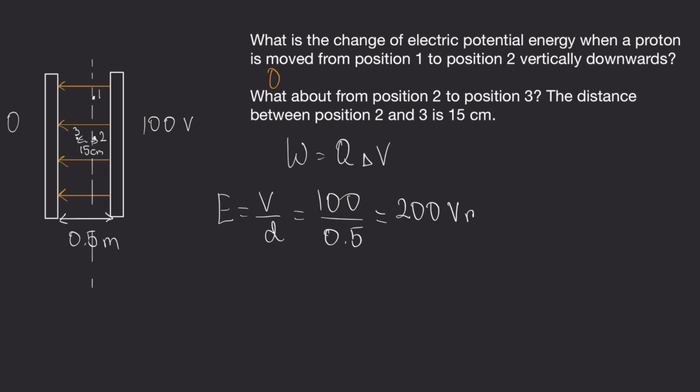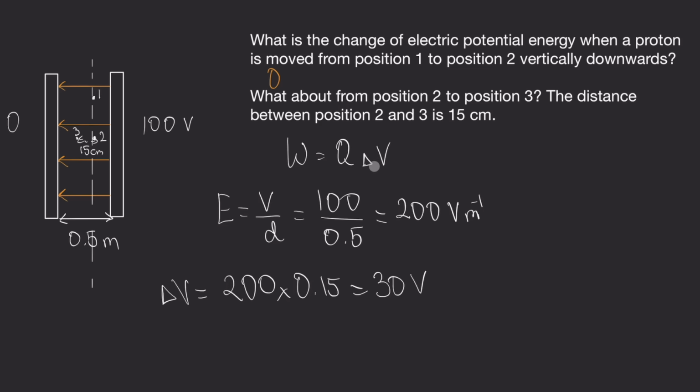So what potential difference are we going to cover in our journey of 15 centimeters? Well, because V is equal to E multiplied by the distance, we are going to take 200 and multiply this by 15 centimeters and we're going to get around 30 volts. Okay, now we're ready. We know what our delta V is.